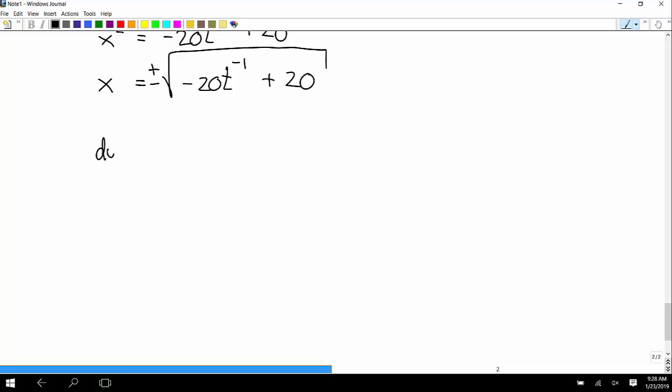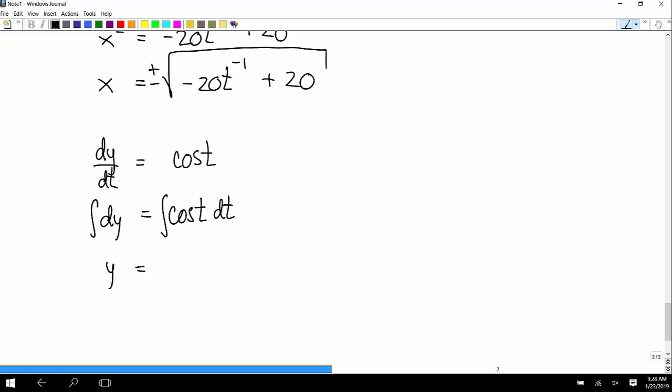So this one looks easier. dy/dt is equal to cosine of t. So dy is equal to cosine of t dt, and you can integrate both sides.